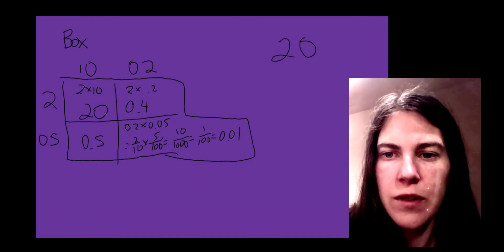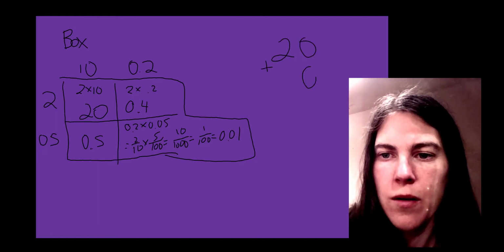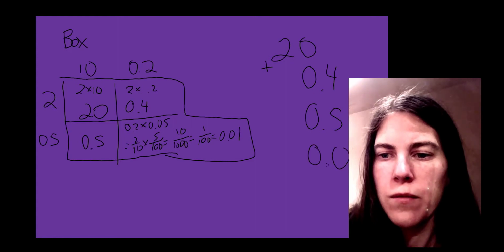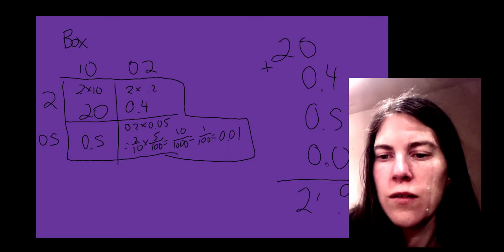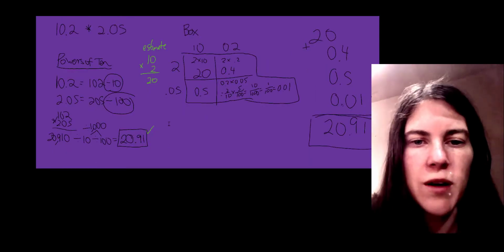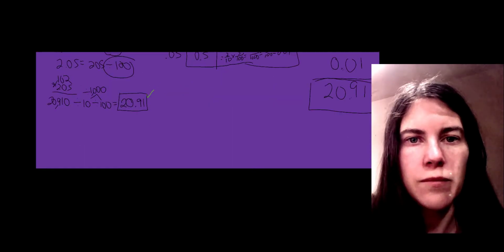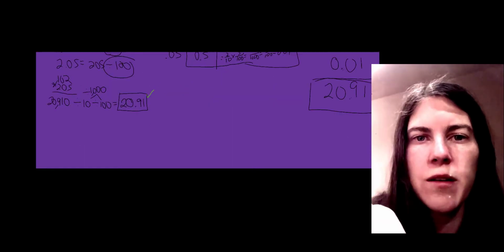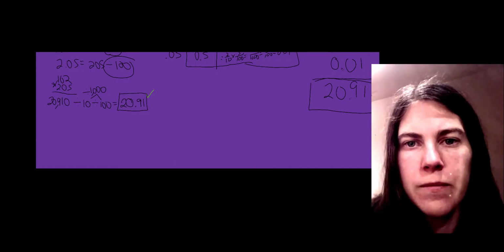Add together what's in each of the boxes: 20 plus 4 tenths plus 5 tenths plus 1/100th. So 1/100th, 9 tenths, and 20 wholes. Same answer. Well, that's a good sign. We might actually be right. That was the box method with decimals.